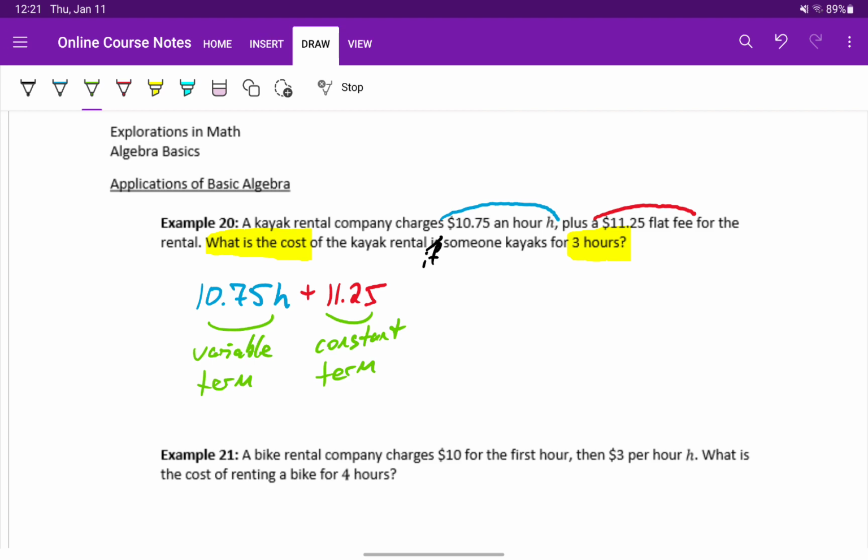So the first step is translating the information from the word problem into an algebra expression. Once we have that, we can determine the cost of renting the kayak for 3 hours by evaluating this expression, not at x, but at h equals 3, since that's the variable we're using in the problem. So we need to evaluate this expression that we wrote when h is equal to 3.